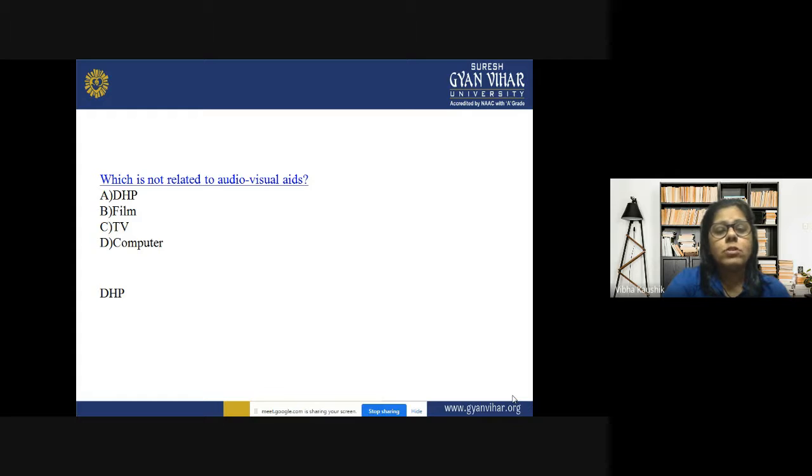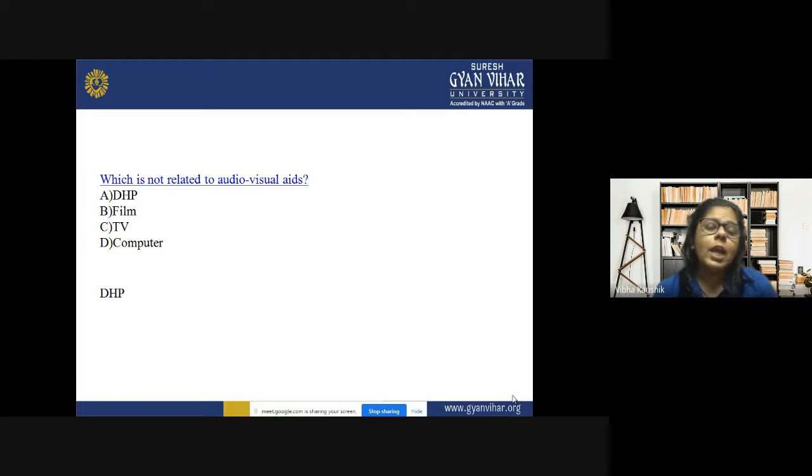Now the options are A. OHP, B. Film, C. TV, or D. Computer. So these are the options. Now you have to select the correct one on the basis of the given choices, and the correct answer will be OHP.